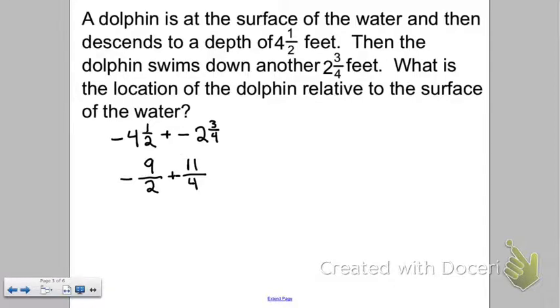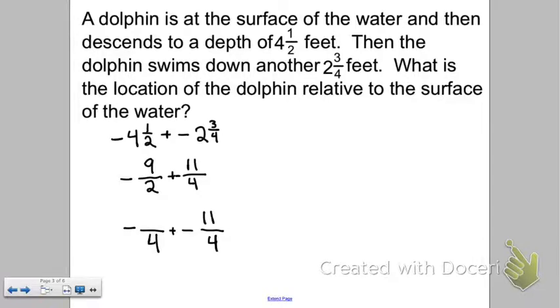I need to have a common denominator when I'm adding fractions. My common denominator from 2 and 4 is 4. So I'm going to turn both fractions to have a denominator of 4. My second fraction already has a denominator of 4, so I can keep that as negative 11 over 4.